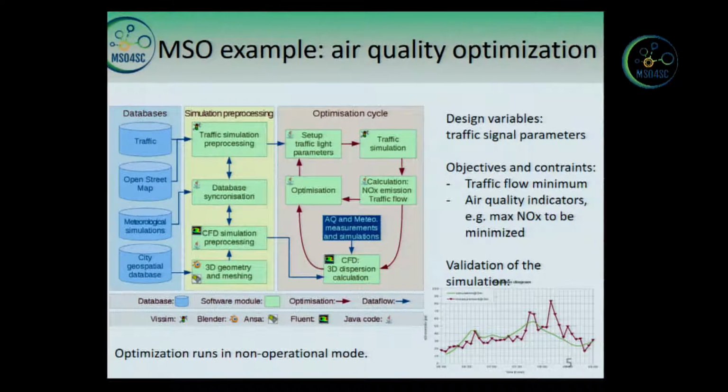We simulate the traffic, then the emission, and after the emission, the dispersion. If you need accurate dispersion, then you need big computers or good software. And this was done by a commercial software. And this simulation was verified.